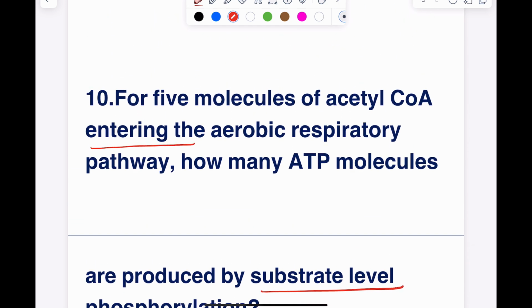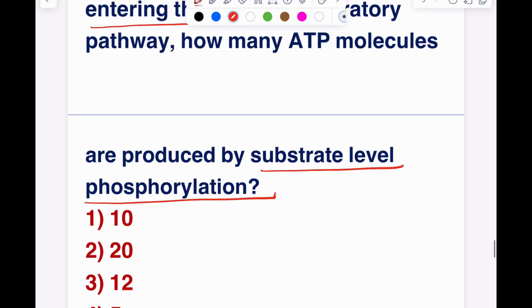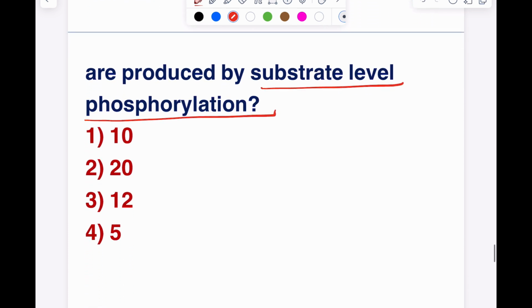Do you know each acetyl coenzyme A gives rise to 1 ATP.